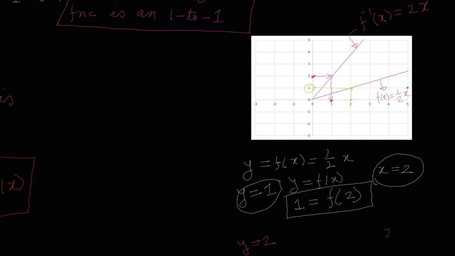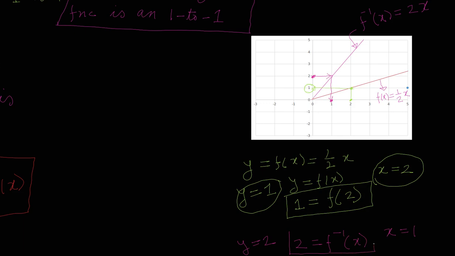So for the second function, y equals 2, so 2 equals, in inverse terms, f inverse of 2 equals 1.